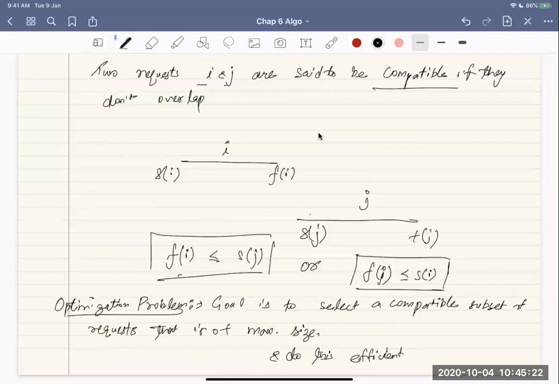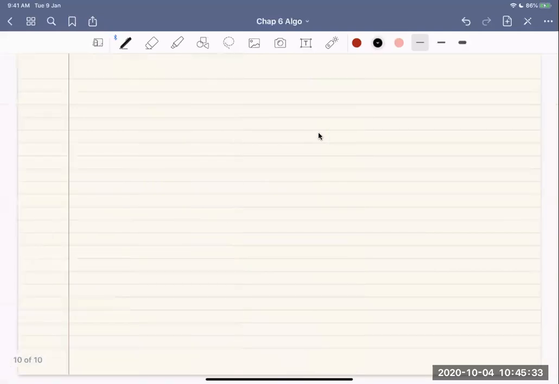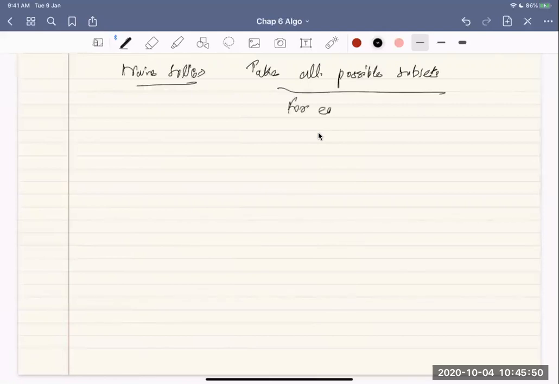Why am I saying do this efficiently? Can you think of a naive solution for doing this? What is a naive solution? Just take all possible subsets. And for each subset, what will you do?